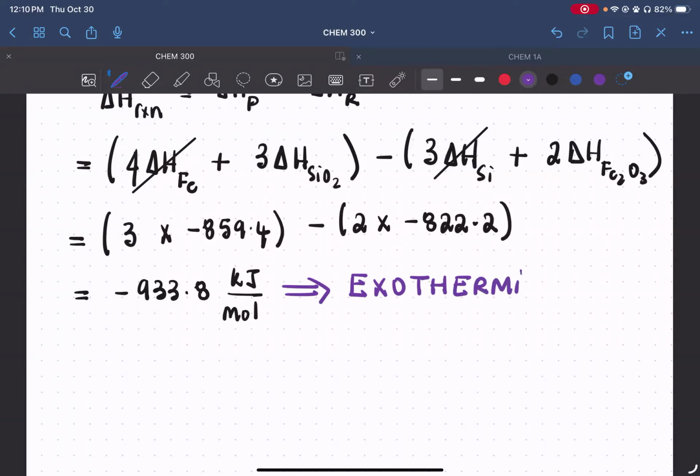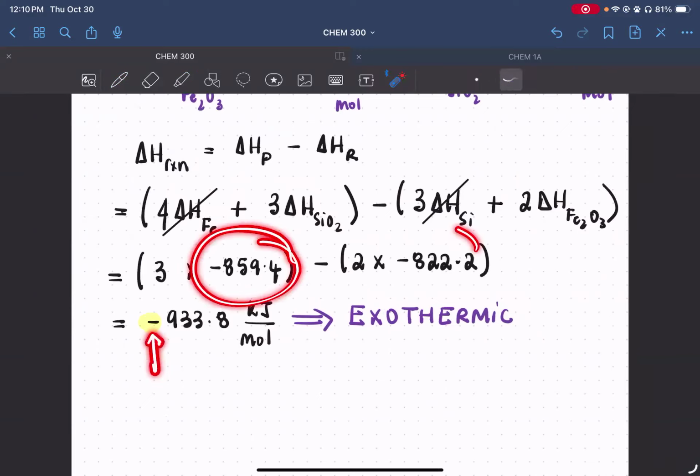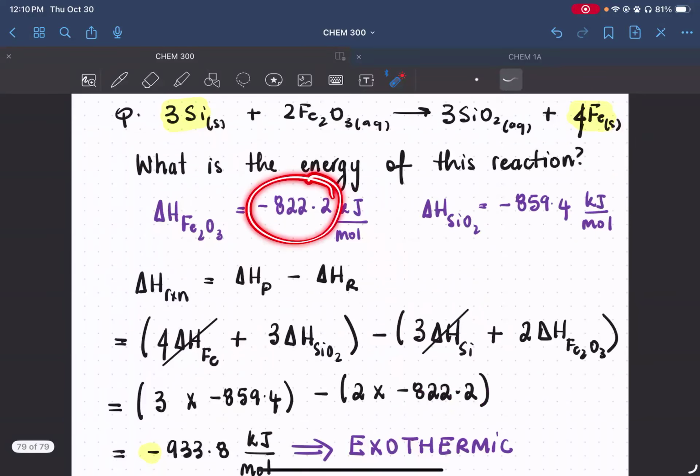Where does that come from? It comes from the fact that it is a negative energy overall. Remember that the negative energy value is, of course, a reflection of the math, but the initial values that we've been given are also negative. Those are values you will be given. In those cases, the negative represents the direction.